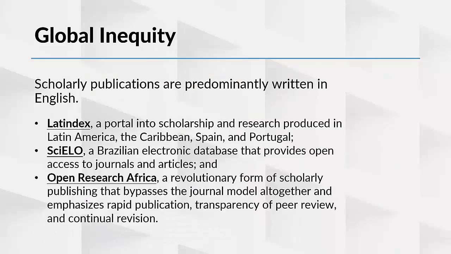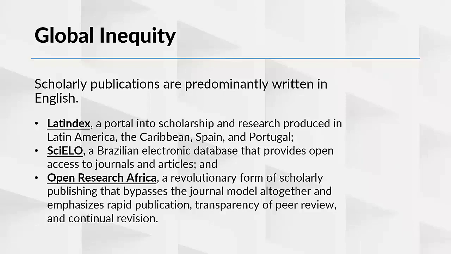And if that wasn't enough, there's also a global inequity. Global inequities. So scholarly publications are predominantly written in English. Amanda McCullough writes, research shows that the current system of scholarly knowledge production privileges scholars and authors in the global north over those from the global south in a variety of ways. For example, articles by Southern academics are cited at a lower rate than their Northern counterparts.